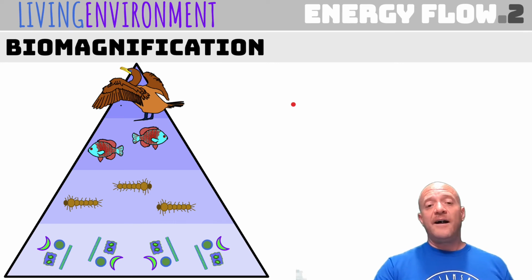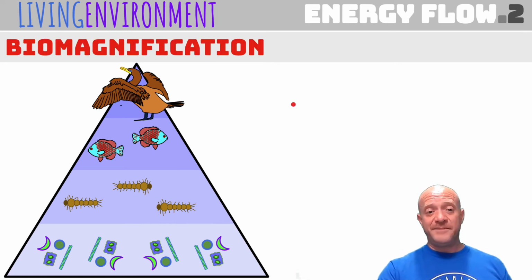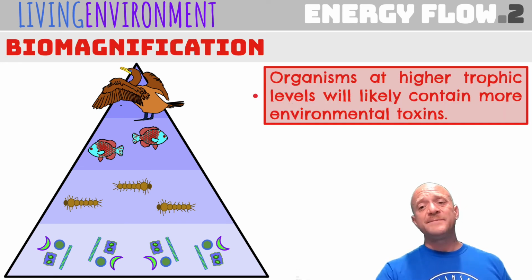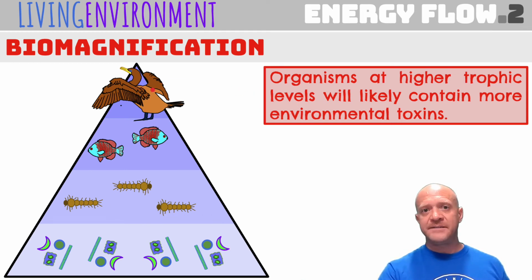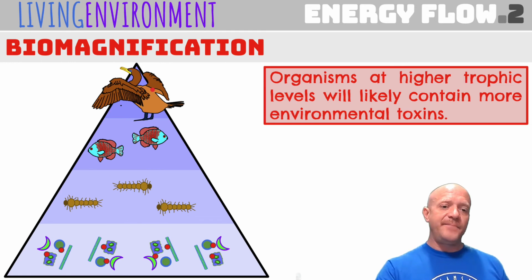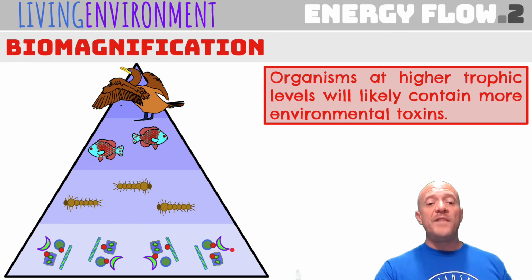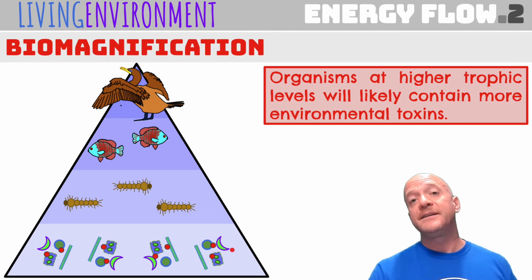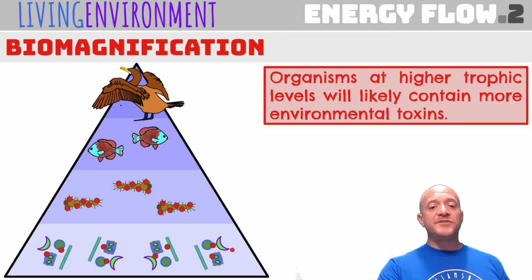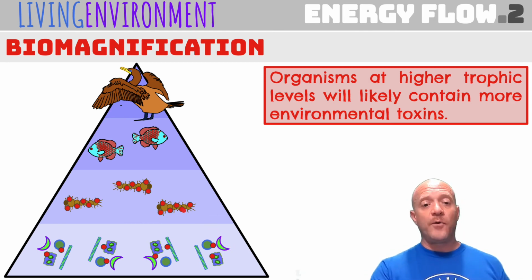So finally, the concept of biomagnification states that organisms at a higher trophic level will likely contain more environmental toxins. So what does this look like? If each one of the producers, for example, in this example, has 2 toxins, when the primary consumer consumes them, it's not just going to eat one producer, it's going to eat multiple producers. So they're going to accumulate or magnify the number of toxins.